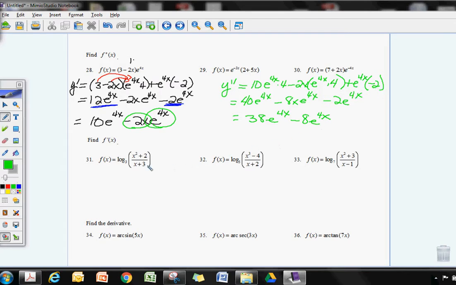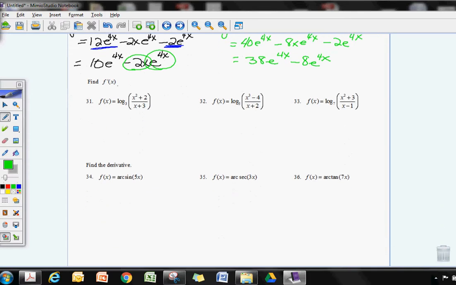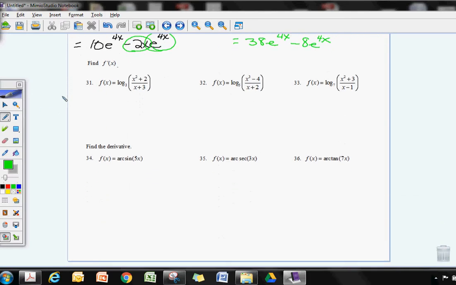I think that's right. Okay, so for 31, when I see logs, first thing that I'm going to do is I always rewrite this. This would be log base 3 of x squared plus 2, subtract log base 3 of x plus 3.